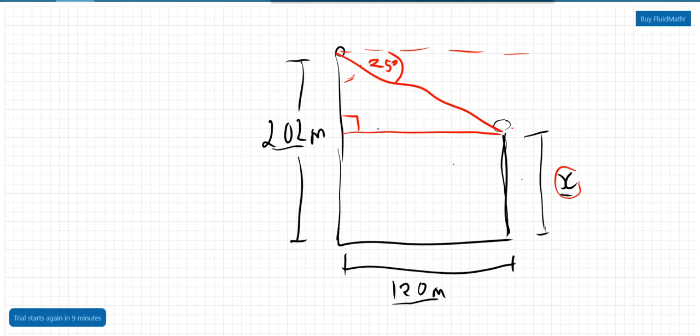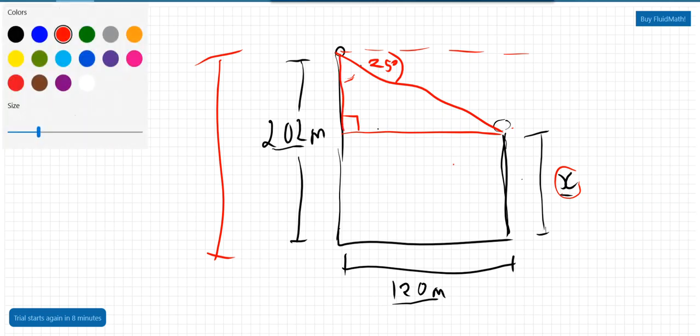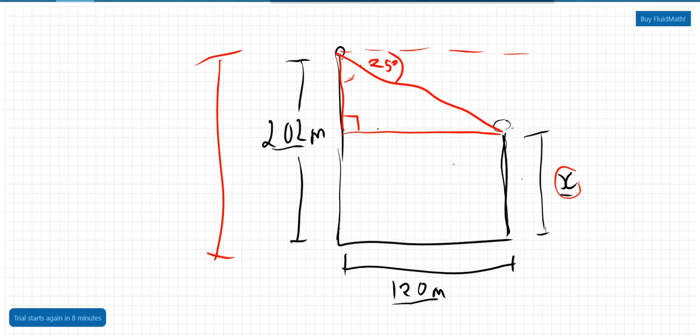Now, before we do anything, how are we supposed to find the height of a shorter building? Well, if I have the height of a tall building, and if I can find the height from here to here, I'll call that y.